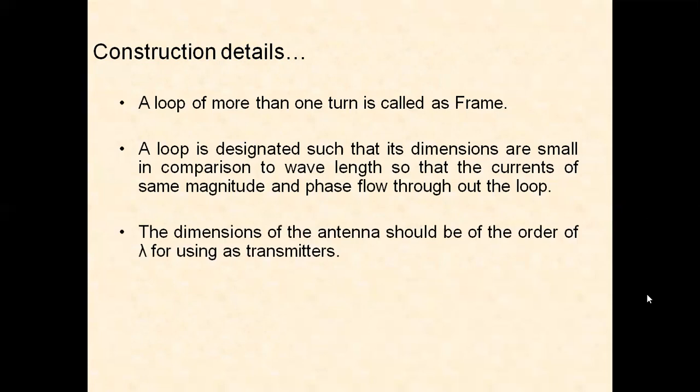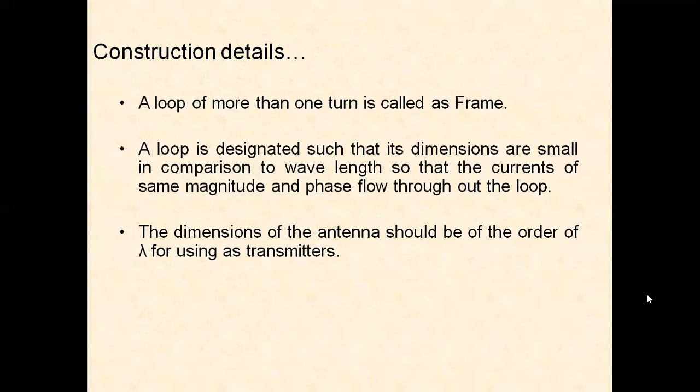The dimensions of the antenna should be of the order of lambda for use as a transmitter. It can be a single turn or a number of turns. A loop antenna is a single-turn or multi-turn coil antenna carrying RF current. Since its dimensions are very much smaller than the wavelength, the current throughout may be assumed to be in phase.